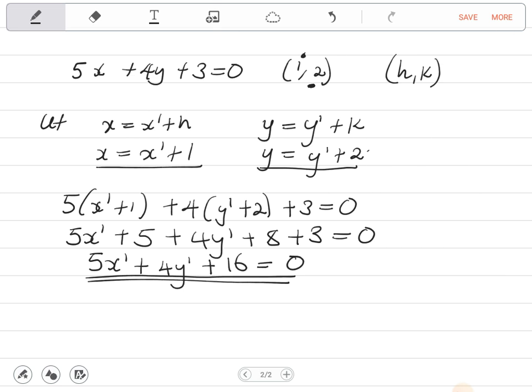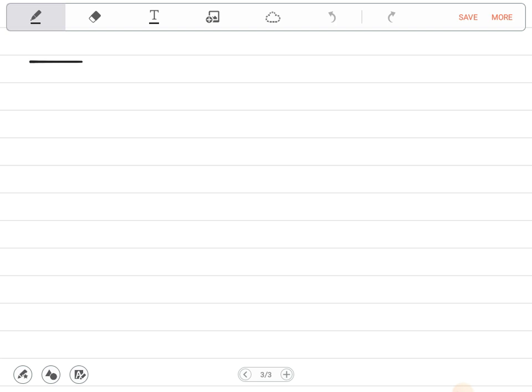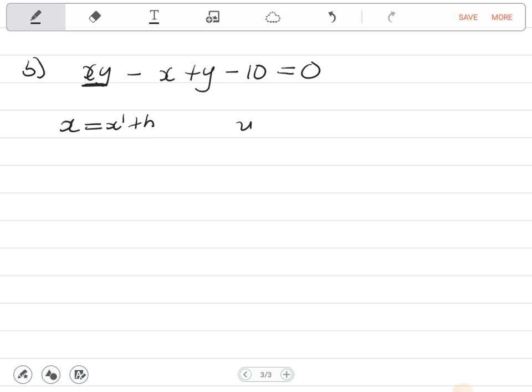Then for B, please pay particular attention. B has got xy minus x plus y minus 10 is equal to 0. Because of the xy term, we are going to use the same substitutions: x is equal to x prime plus h, and y is equal to y prime plus k.